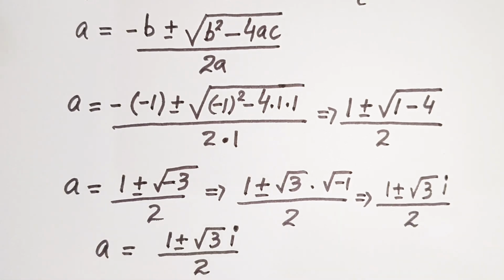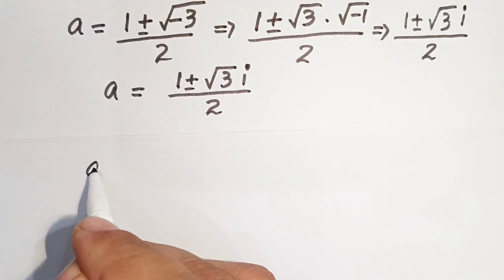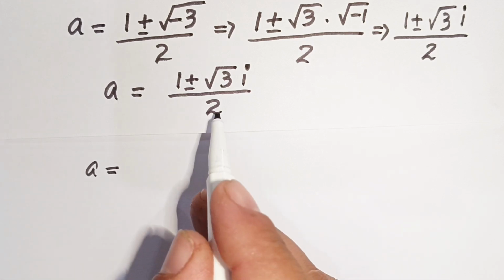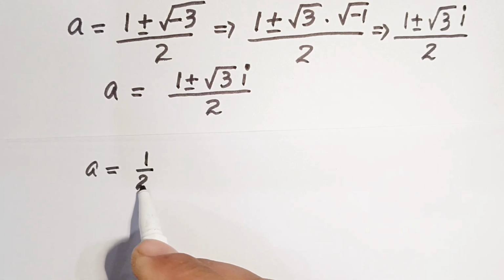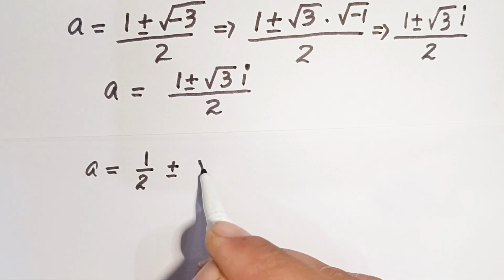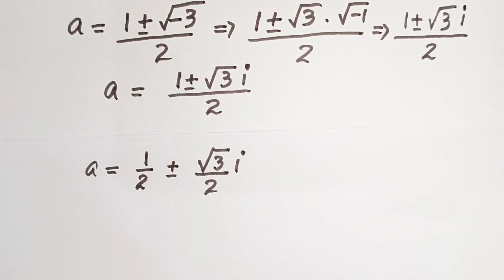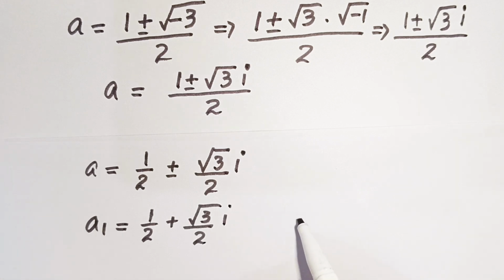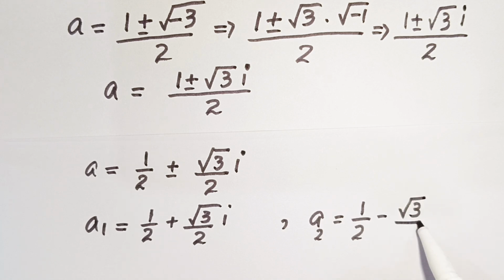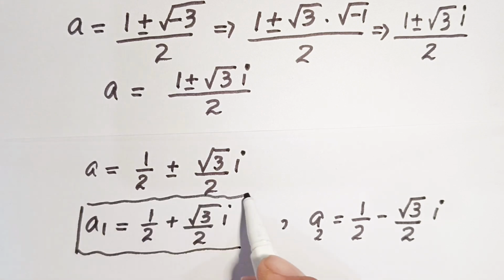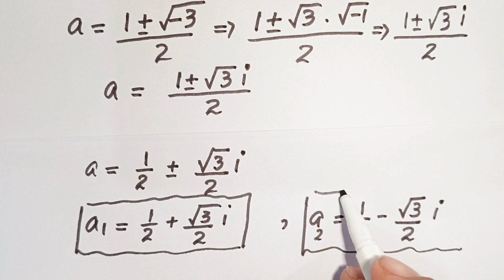Our next step is separating the denominator into real and imaginary parts: 1 over 2 plus minus square root of 3 over 2 i. So the first value of a is a1, 1 over 2 plus square root of 3 over 2 i, and a2 is 1 over 2 minus square root of 3 over 2 i.